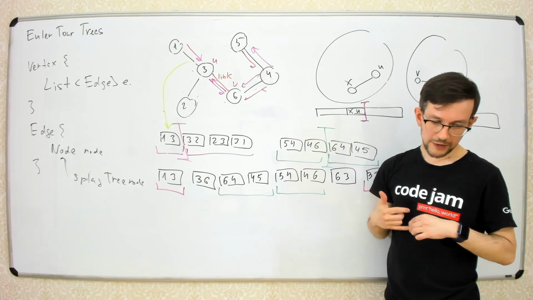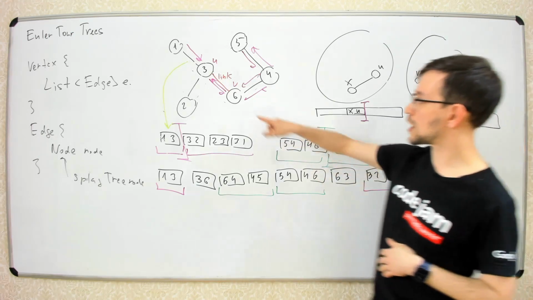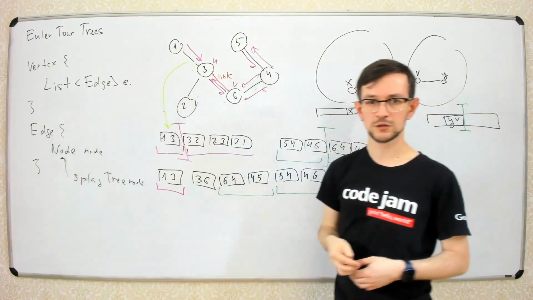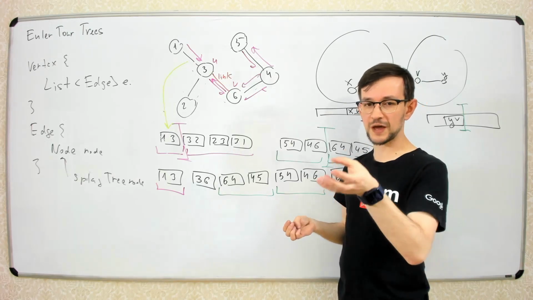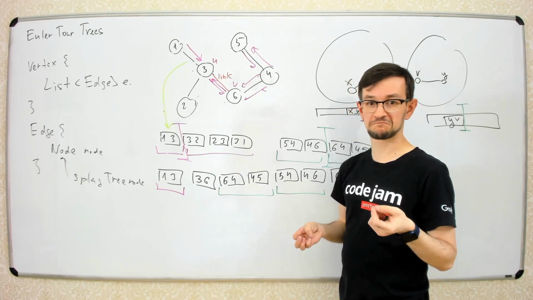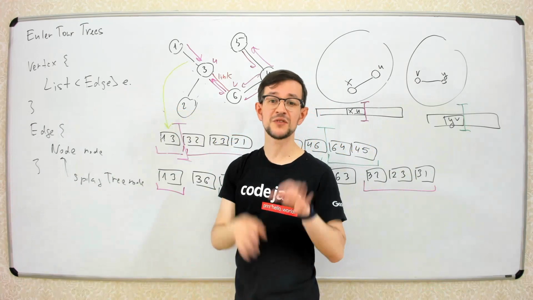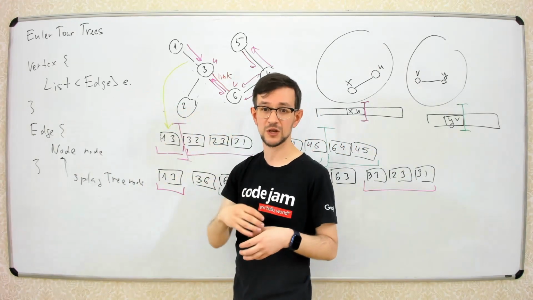These edges also have to be deleted. Yes, you need to delete this edge. When you cut the edge, you need to delete this edge from these lists. You can remove the edge from the list. In theory, you can use linked list here if you want to remove it in constant time.